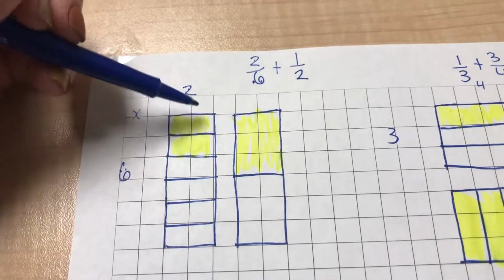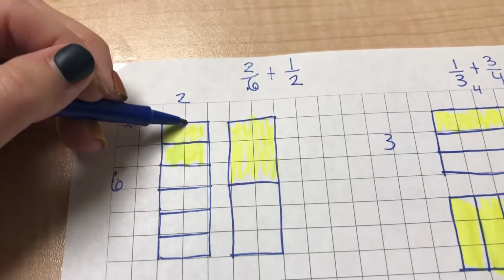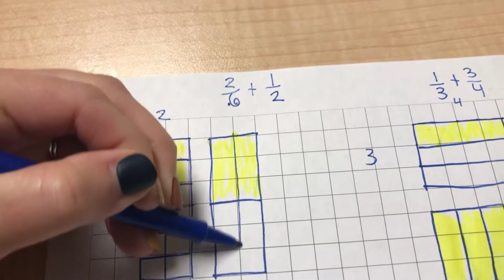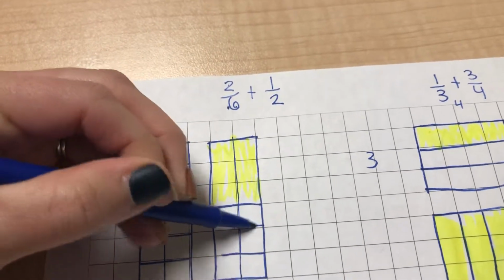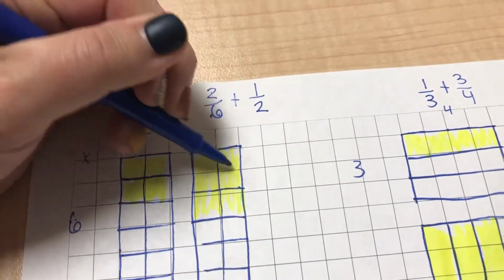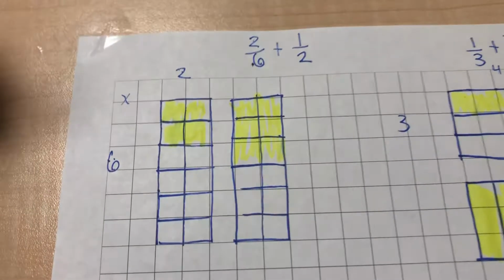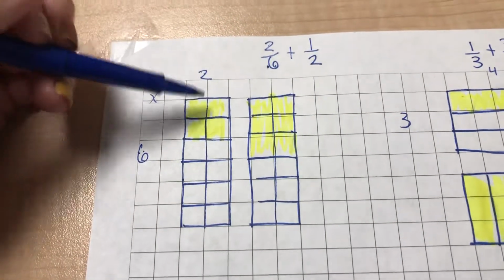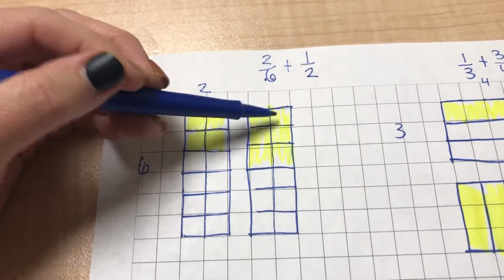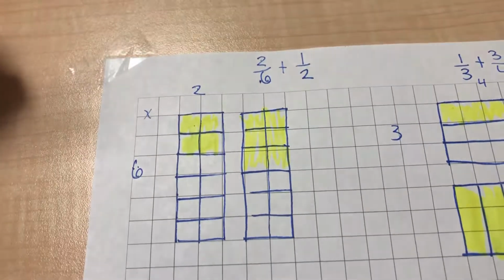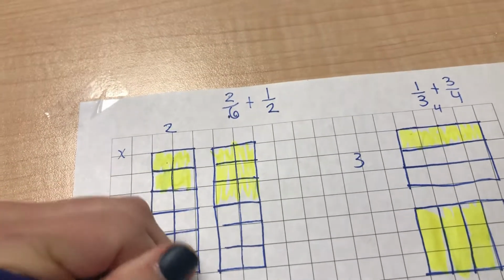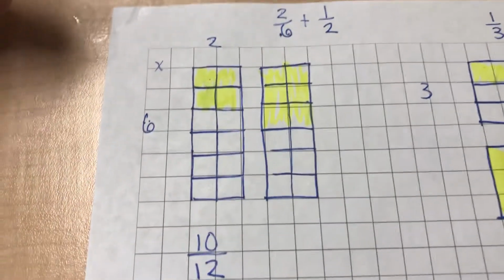I have 12 pieces here, I have 12 pieces here, but now I'm going to really outline those 12 pieces. How cool is this? It's literally there for them. Now, I'm just going to combine my pieces together. I have 1, 2, 3, 4, 5, 6, 7, 8, 9, 10 pieces. So I have 10 twelfths. I have 10 out of the 12 pieces.